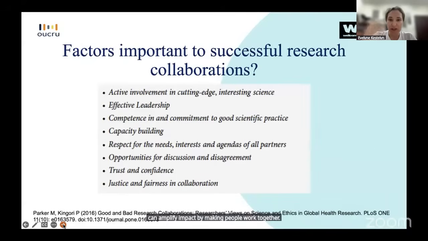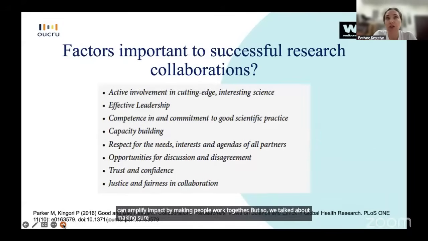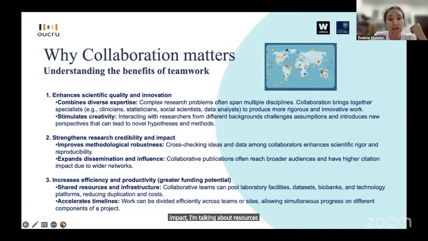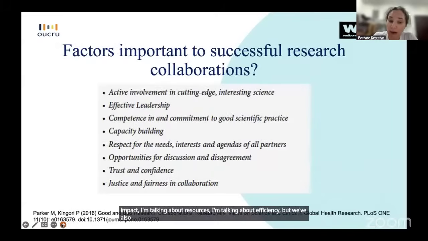But we talked about making sure that your collaborations are not only quantitative, importantly. And so when I talk about quantity, I'm talking about impact, I'm talking about resources, I'm talking about efficiency, but we've also talked about quality.